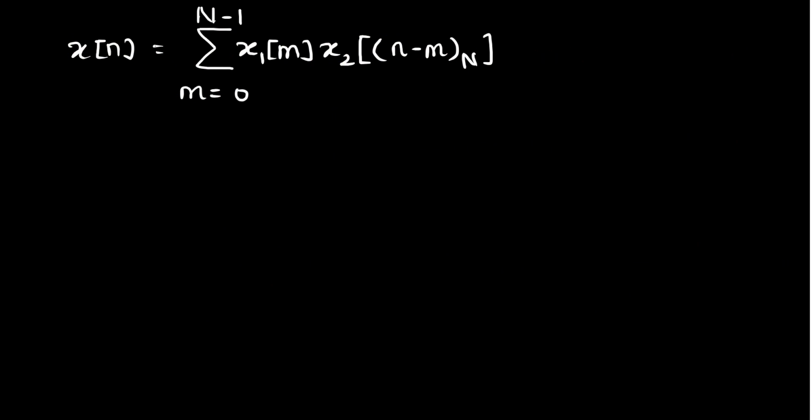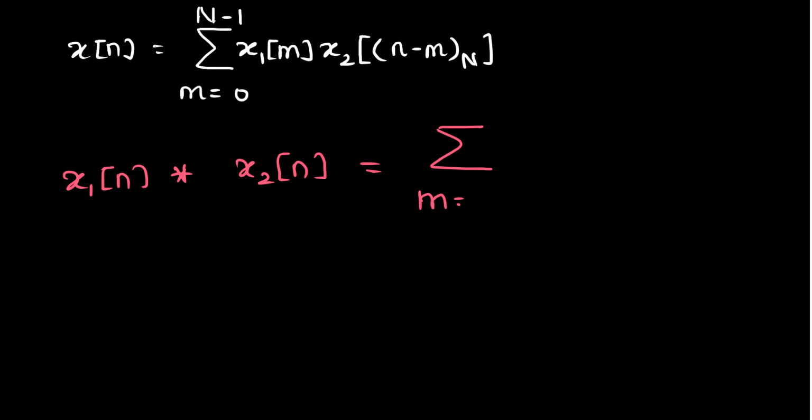Now this resembles a known equation, that is, if we consider the value of x1 of n being convolved with x2 of n, so we know that it is given as summation m running from minus infinity to infinity x1 of m multiplied by x2 of n minus m.